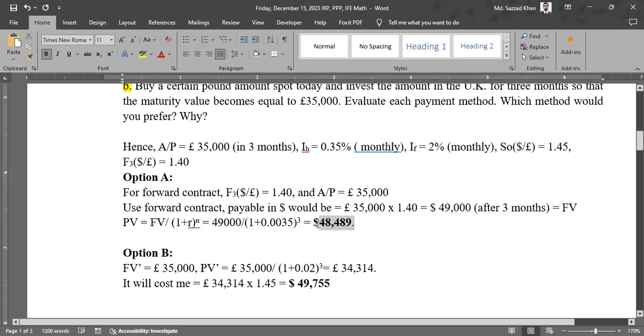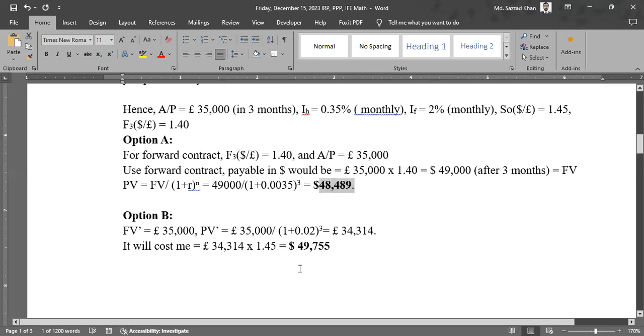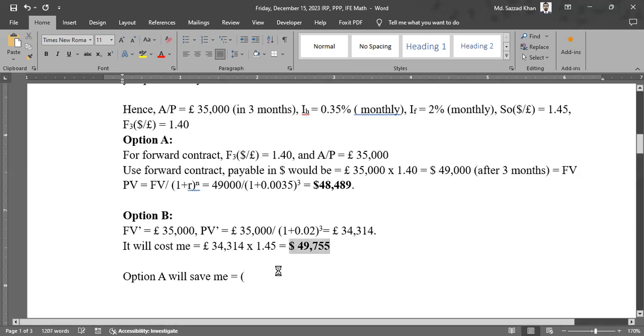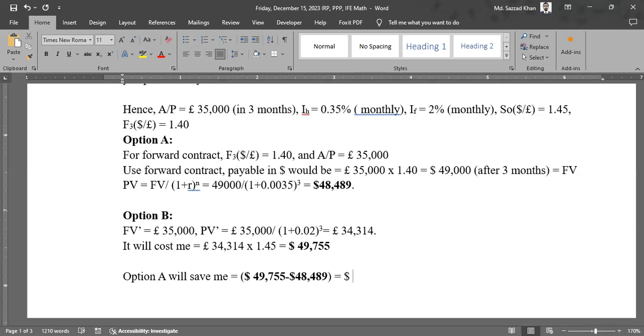If I opt for option A, it is costing me 48,489. So which one is better? Of course, option A. It will save us some money. Option A will save me 1,299.